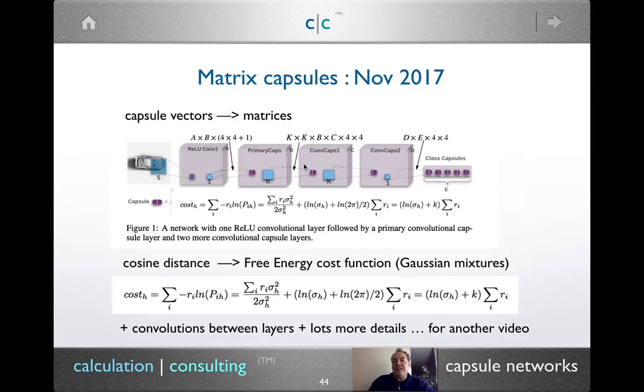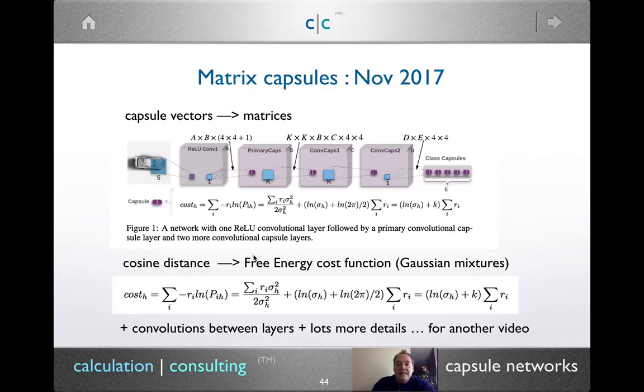And the matrices actually have some convolutions in them. And this allows us to build a collection of ReLU to primary caps to convolutional caps. So it's sort of a hybrid, where capsule vectors become matrices. We add some convolutions in, and we're actually able to get a hierarchy of capsules. And then at the end, we get a class capsule.